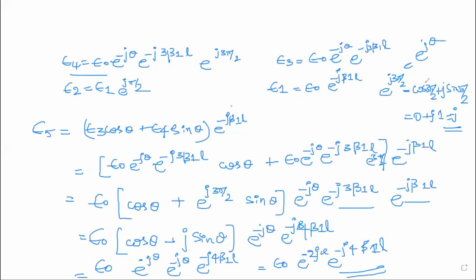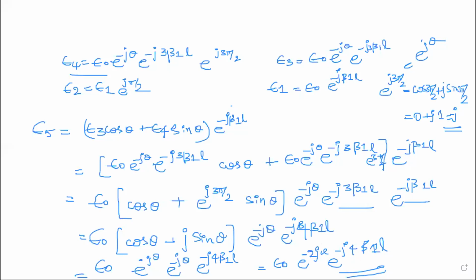Write the formula cos theta plus j sin theta, so you'll get the value as minus j. Substitute it here: cos theta minus j sin theta. We'll have e power minus j theta, and e power minus j theta times e power minus j theta will become e power minus 2 j theta, e to the power minus j 4 beta 1 L.